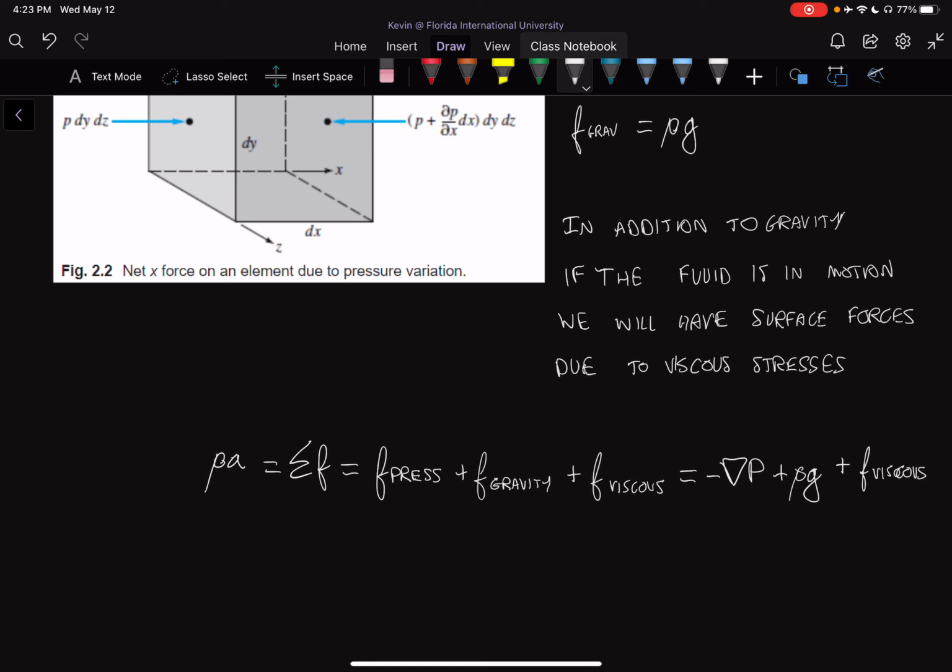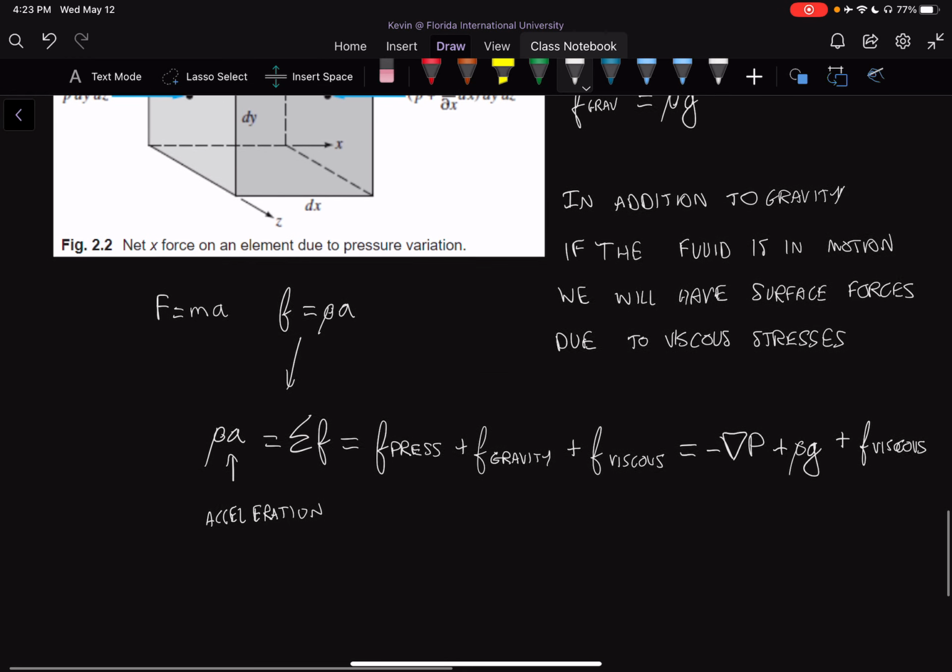And this is acceleration here. The reason I put density times acceleration is because we know that force is equal to ma. And little f, since it is divided by the volume, would be equal to rho a. That's why we can use this equation here.